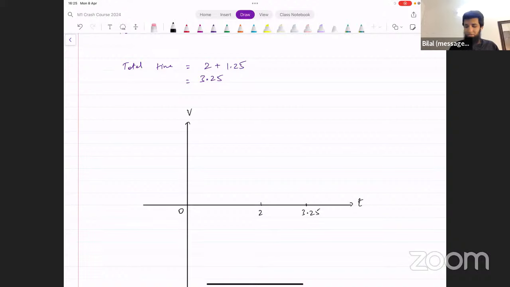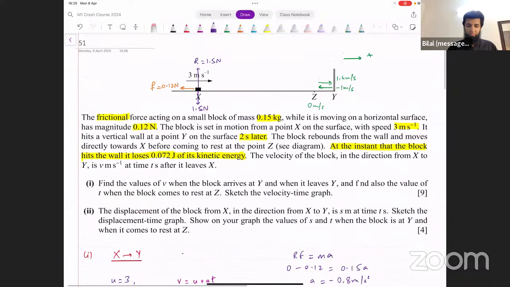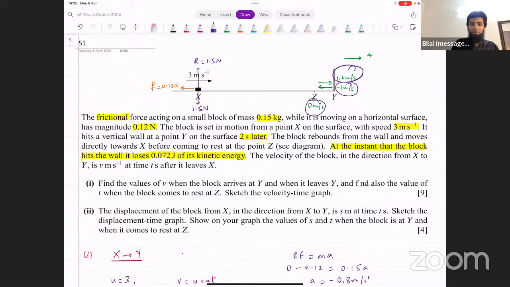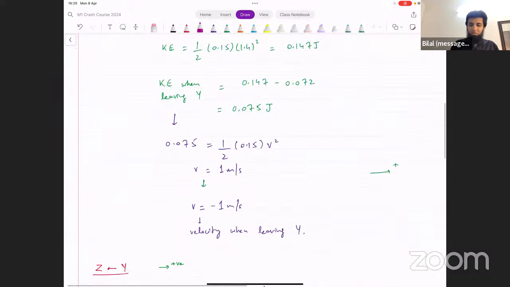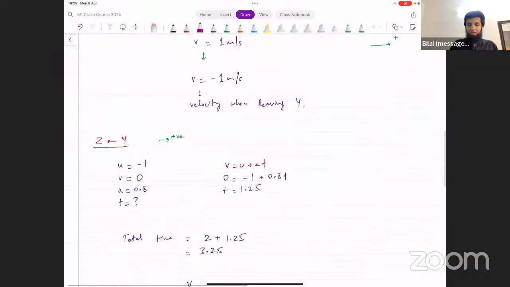Let's mark the important points. At t equals 0, what's the velocity? It's 3 meters per second. So initial velocity was 3 meters per second. And then it went to 1.4, and then -1, and then 0. Let's mark these points. At 0, the value for velocity is 3.